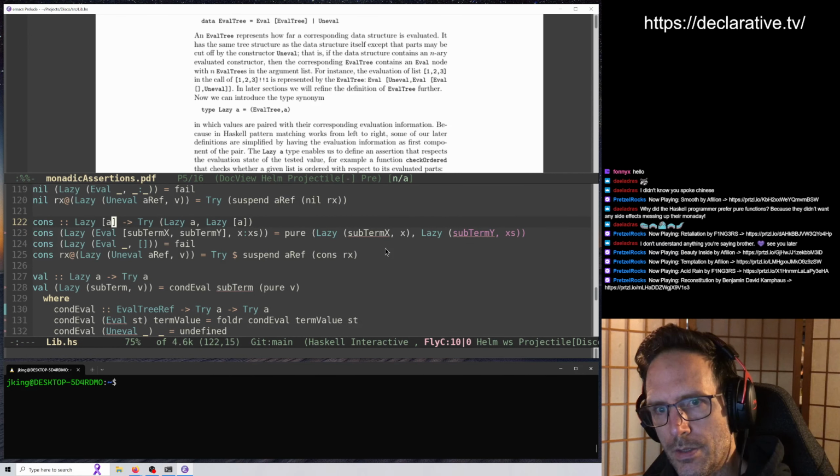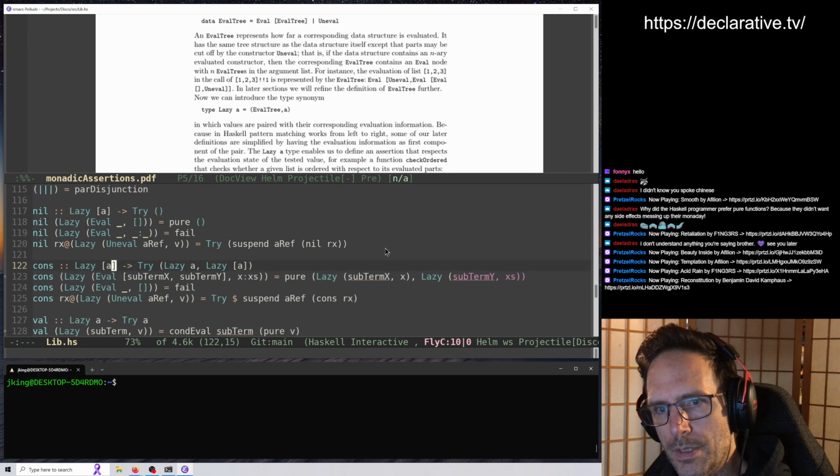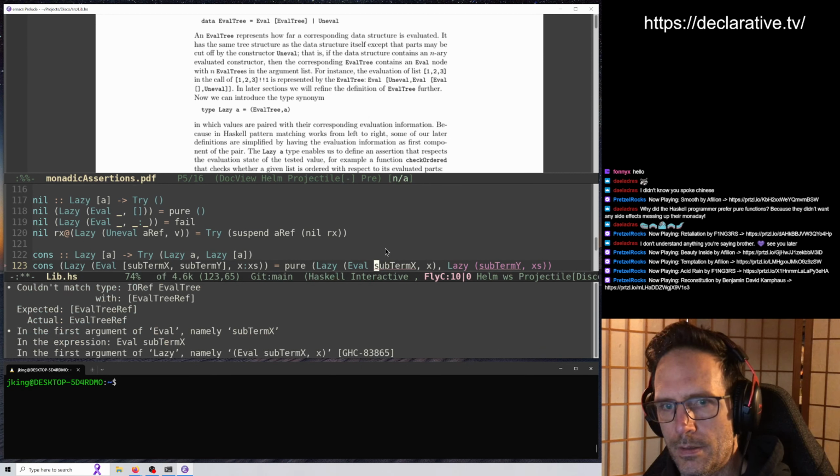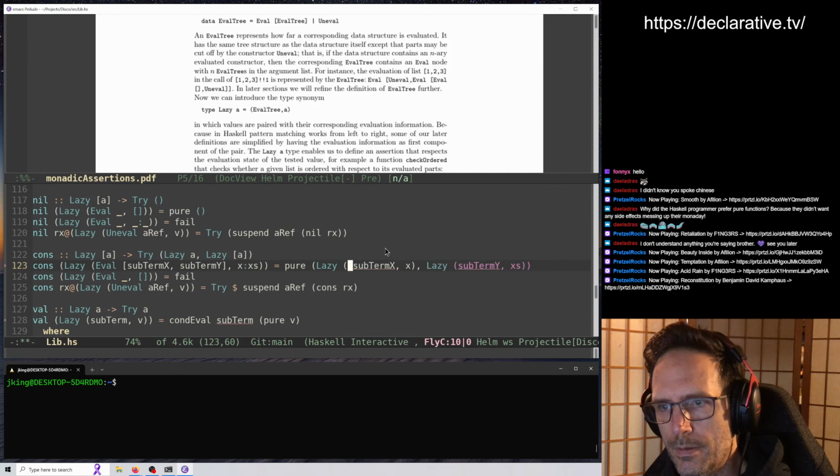And going into this, the A here, well, we don't really say, we just say that they have to be the same type, which means they need to be eval trees. So I think if we just stick the eval constructor, or we have to pull these out.